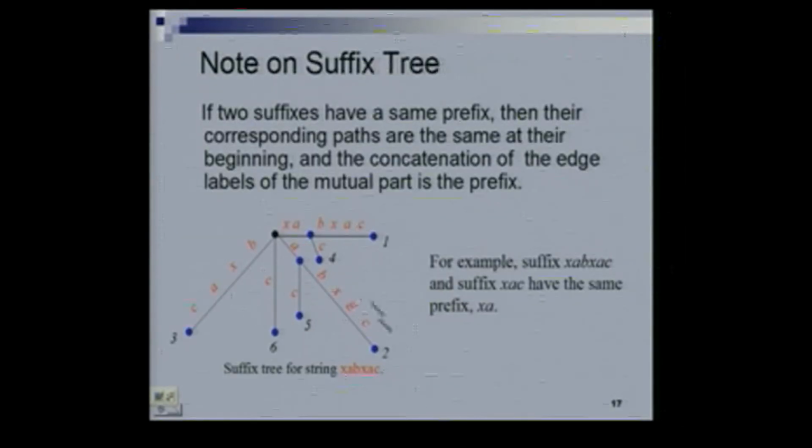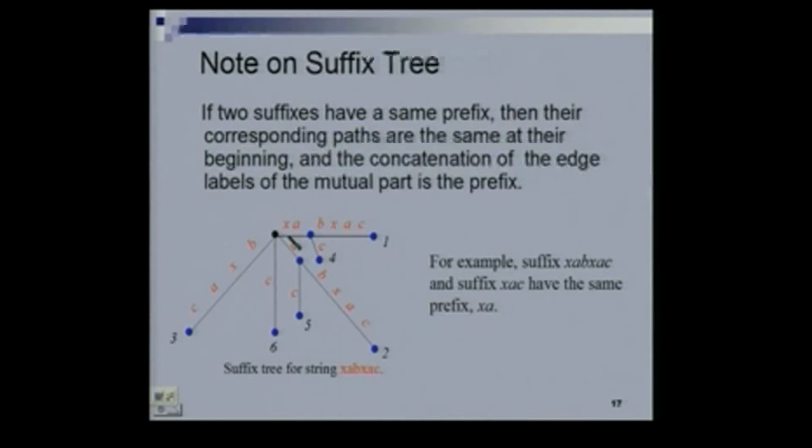Now this is the key thing which we are using in pattern matching. If I have 2 suffixes XAB, XAC, and they have the same prefix XA, then their corresponding paths are the same at the beginning, and that part is just the concatenation of the edge labels of the mutual part. So XAB, XAC, their common part is XA, so it will come here like this.